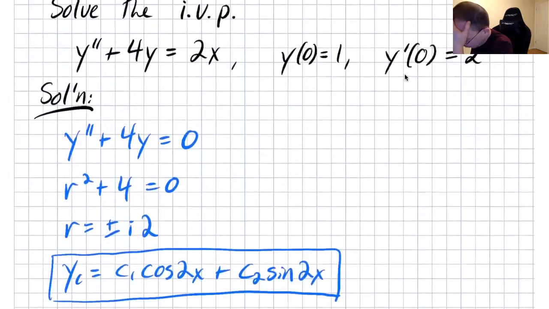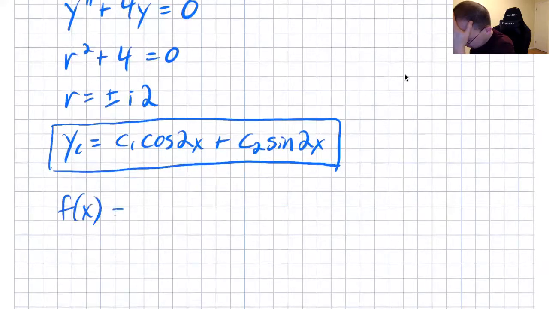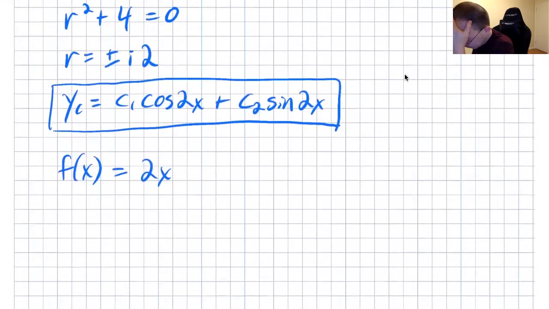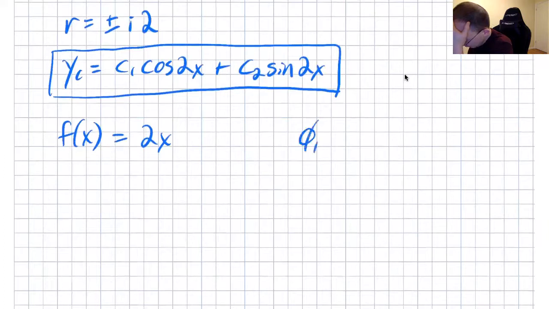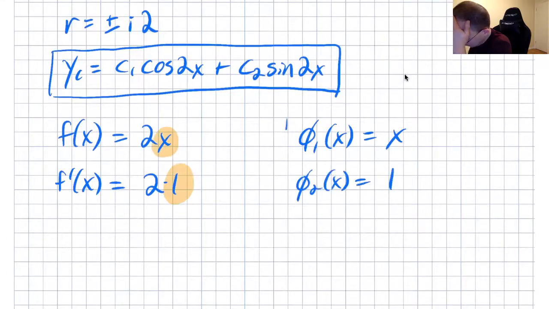And now we will look at the function 2x. So this gives us some candidates already. Our first candidate is x, so there's a term there. And then if we take the derivative of it, then we get 2, and that's 2 times 1. So we have 1 as well. So phi 2 will be equal to 1.